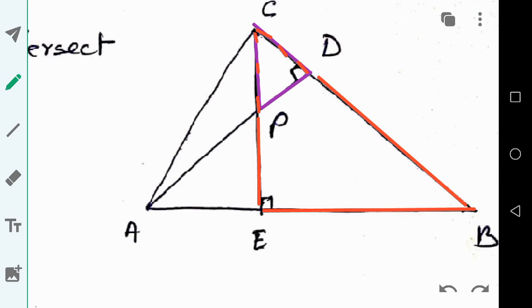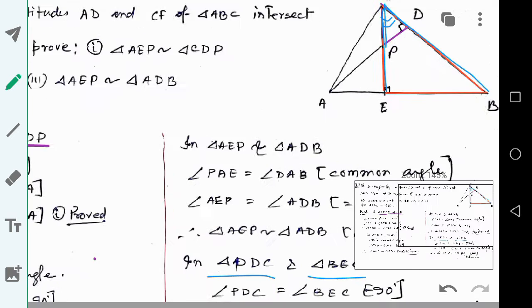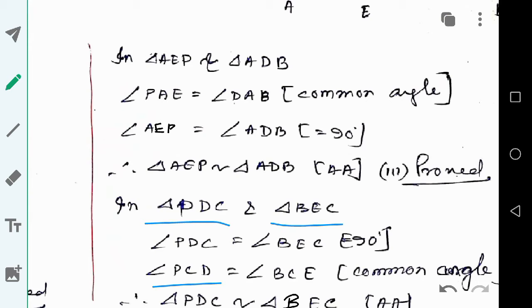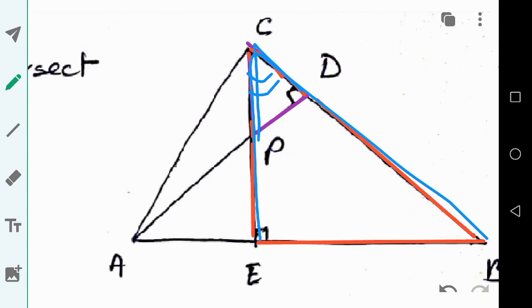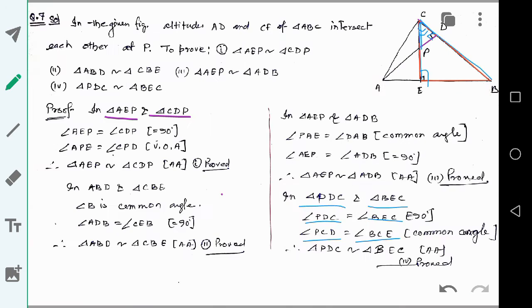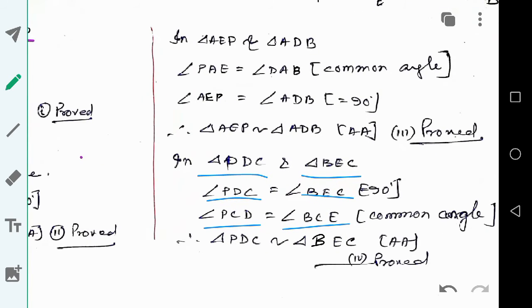In these two triangles, this is common angle, okay, PCD and ECB, okay, these two are common angle, both represents the same angle, okay, PCD and BCE, and PDC and BEC, these two angles, okay, PDC and BEC, these two angles are both 90, okay, both right angles, so that's why those are also equal. So by angle criteria, these two triangles are also similar, okay.